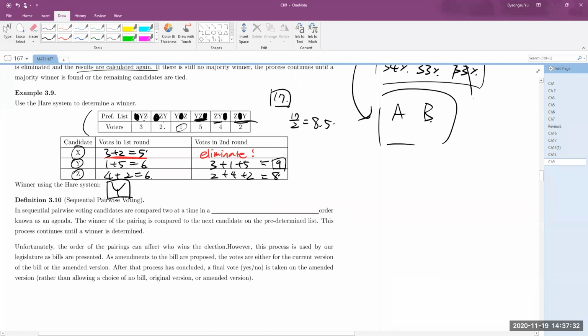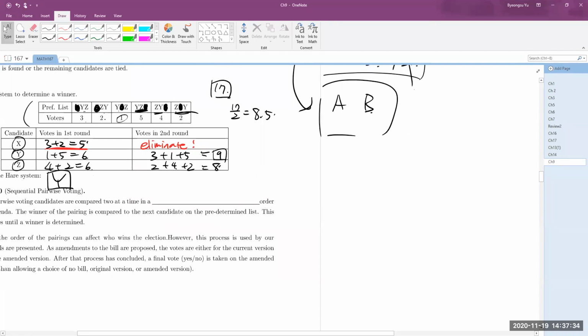So there are two kinds of situations that can happen. For example, instead of 5, 6, 6, let's think about the example of 5, 5, 6 in the first round. Then what we need to eliminate is both X and Y, right?